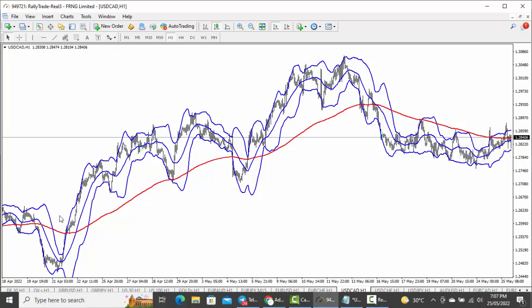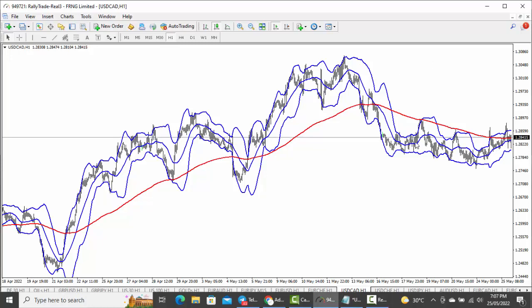When price trades above the moving average, that is telling us that at that particular point in time, the trend on that instrument is up, and we should be looking at buying. Since the trend is up, we will continue to look for opportunities to buy on this instrument.